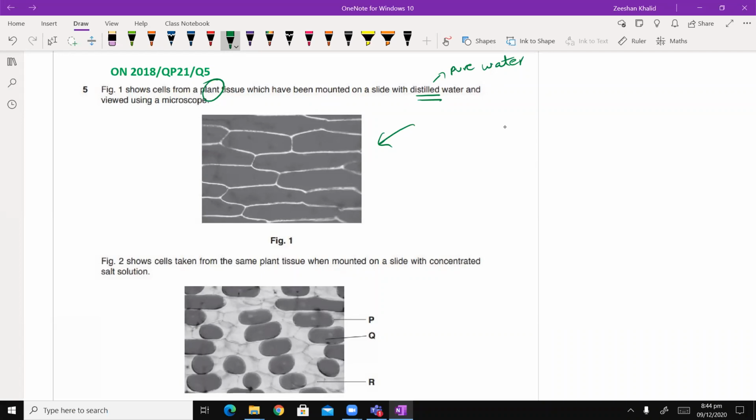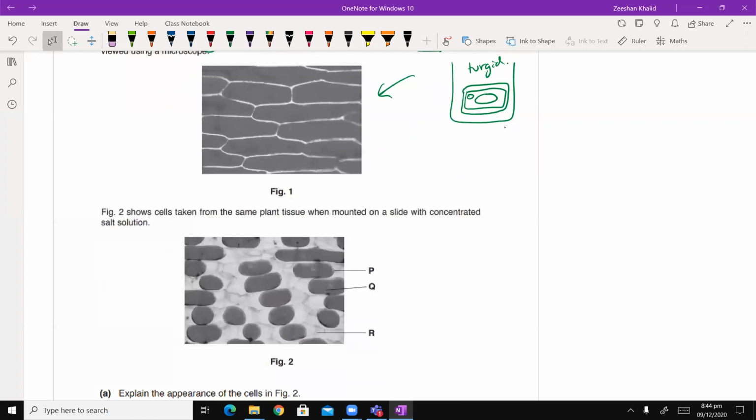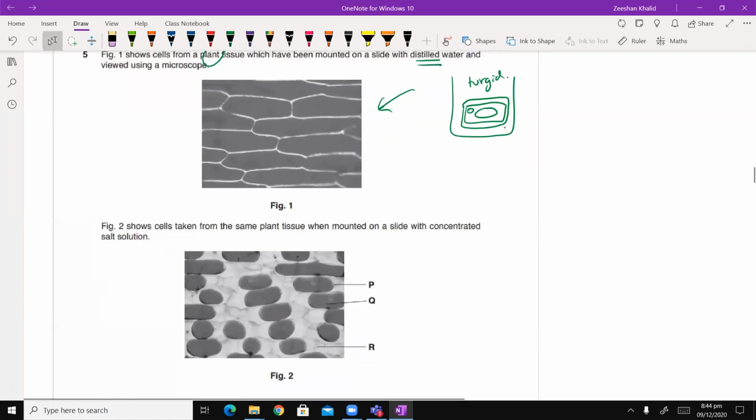Okay. Oh, by the way, that reminds us of something. So if we started this yesterday, if a plant cell is placed in distilled water, eventually what will happen? The cell will become turgid. Yes, that's what we know already. Okay, fine, fair enough. But okay, figure 2 shows cells taken from the same plant when mounted on a slide with concentrated salt solution. So now look at the appearance of the cells.